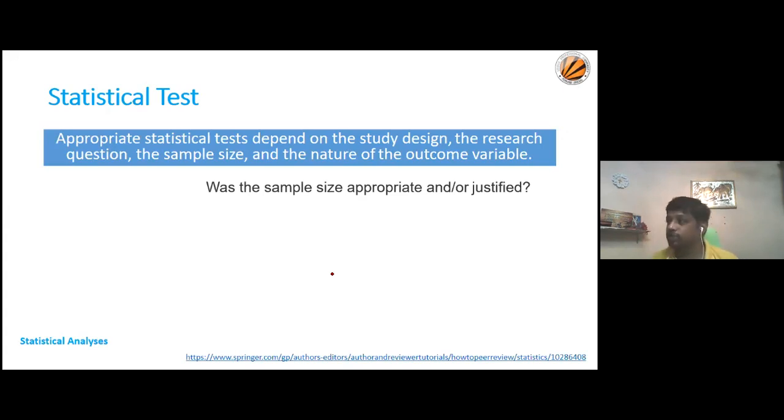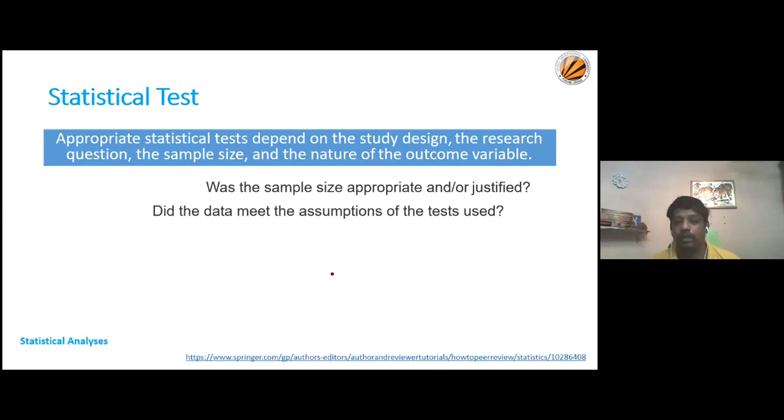A smaller sample size may not produce effective results when you want to compare between two groups, and it may spoil your resources, your time, your money, and everything. So you should have proper sample size calculations for your statistical test.